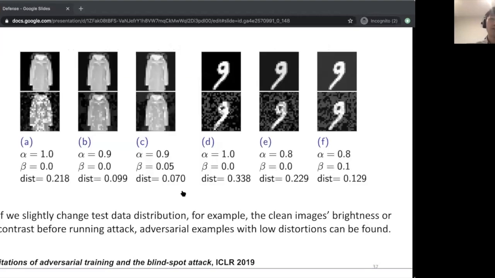Moreover, if we slightly change the distribution of the test data, for example, by changing the clean images' brightness or contrast slightly, we basically slightly modify the distribution of the test data set. After this modification, adversarial examples with low distortion can be found, and basically the state-of-the-art defense method can be easily broken.